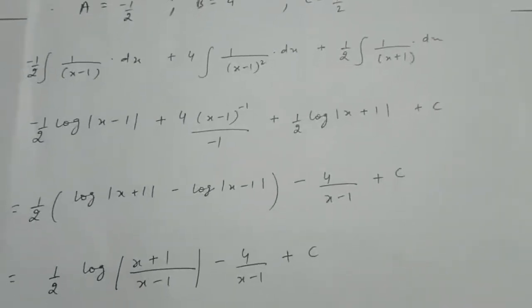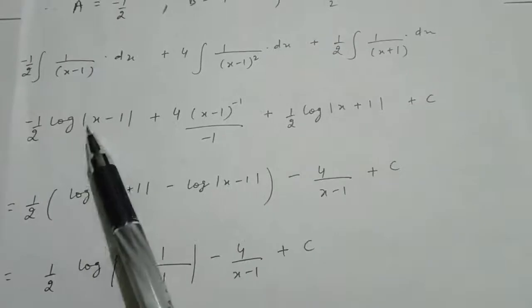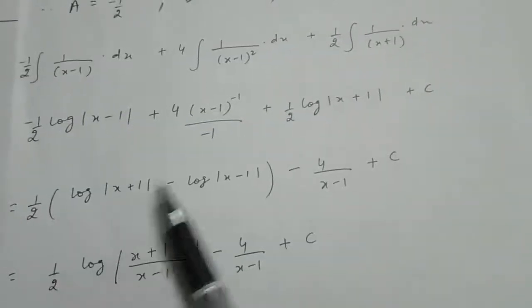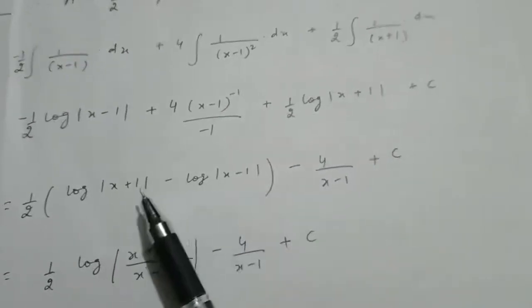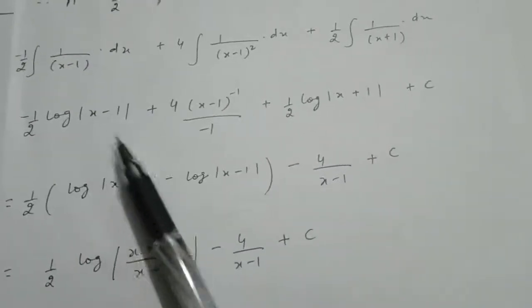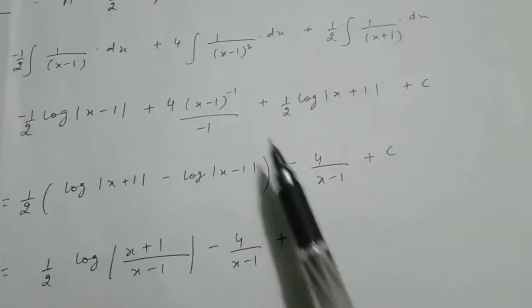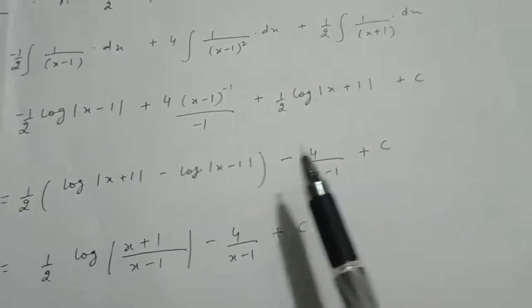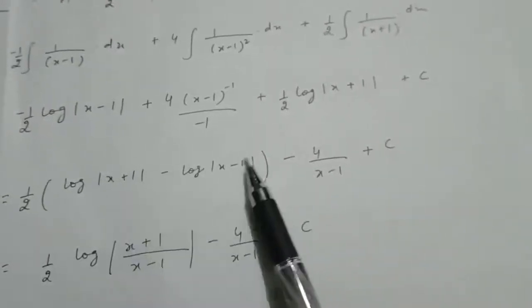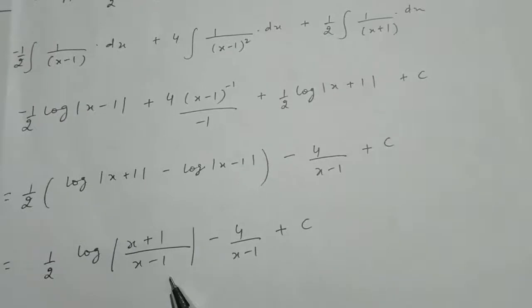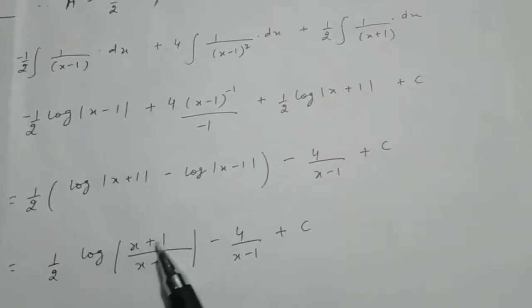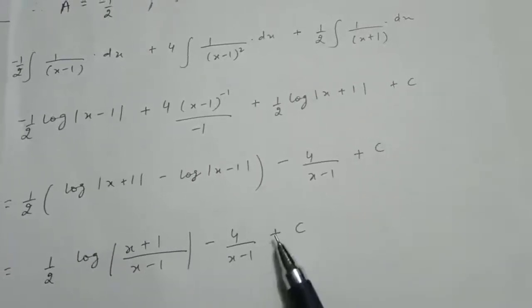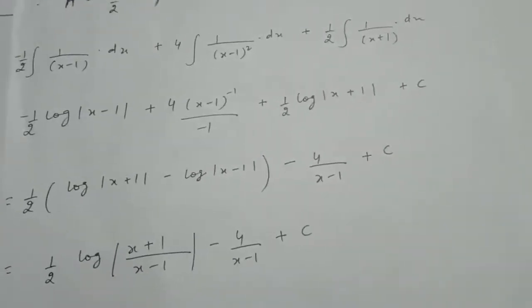Now from these two terms, taking 1 by 2 common, you will get log mod of x plus 1 minus log mod of x minus 1, and this will become minus 4 upon x minus 1 plus c. Now see, this is log m minus log n, which is log m upon n. So you will get 1 by 2 log mod of x plus 1 upon x minus 1 minus 4 upon x minus 1 plus c.